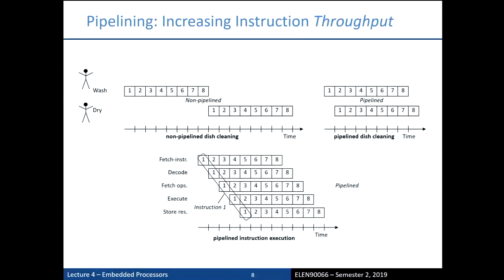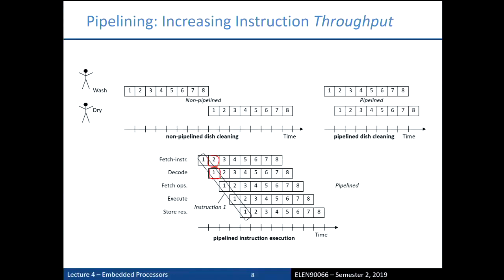So in my little stages of execution here, over time, I can be fetching, so I've fetched instruction 1. And as I move across in time, in the second column, I can be decoding that instruction while I'm fetching the next one. Right? Because they're independent, well, we'll see, sort of independent operations.